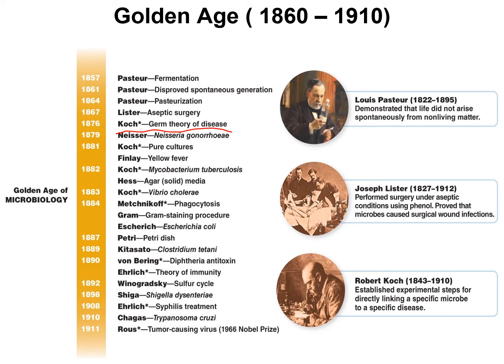But then after he did that, they're discovering all these microbes. Neisseria gonorrhoeae causes gonorrhea, Mycobacterium tuberculosis causes tuberculosis, Vibrio cholerae causes cholera, and so on. So as soon as he discovered this process, they could start identifying the microbes that cause particular diseases.